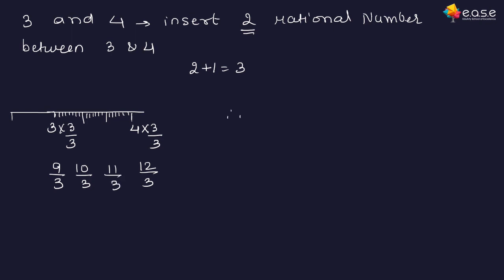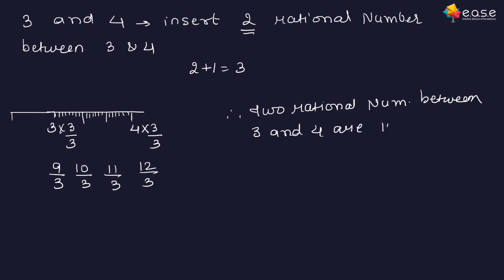So therefore two rational numbers between 3 and 4 are 10 by 3 and 11 by 3. Or, if you don't want to write 10 by 3, you can divide 10 by 3.